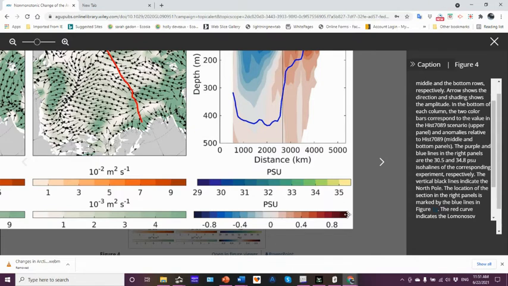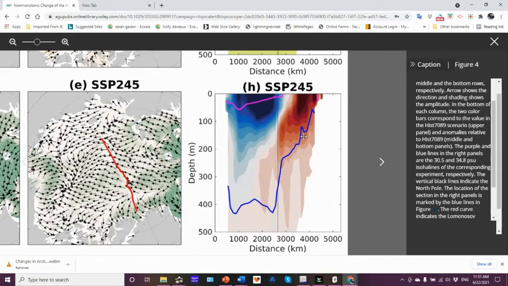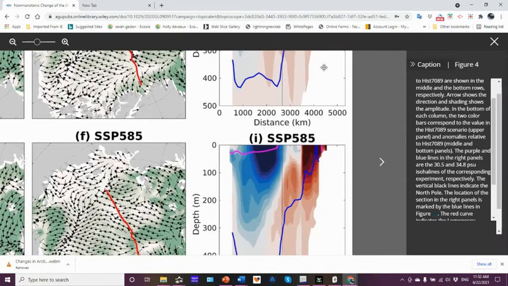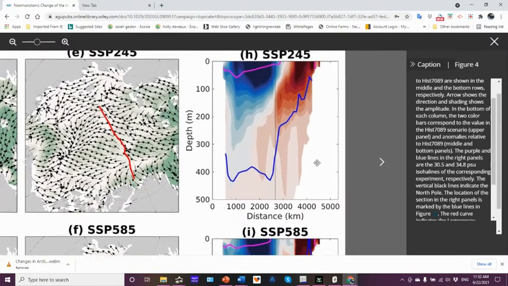To the red means it's higher, which would be positive, and to the blue and purple would be negative, so it's a lower PSU. Again, these are those two respective isohalines of 30.5 and 34.8. And what this shows is that it's much fresher water. That's the Ekman advection, Ekman pumping, moving the fresh water around. It shows it right there under the two different scenarios, and we get similar results.